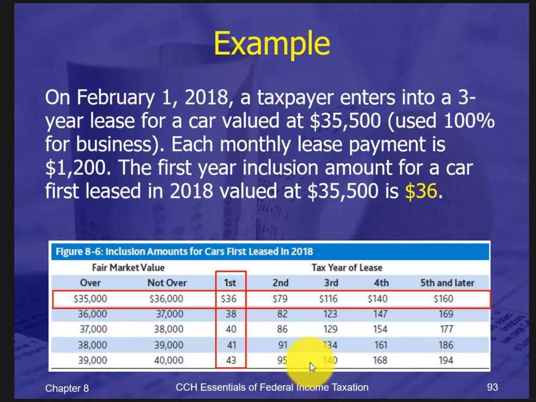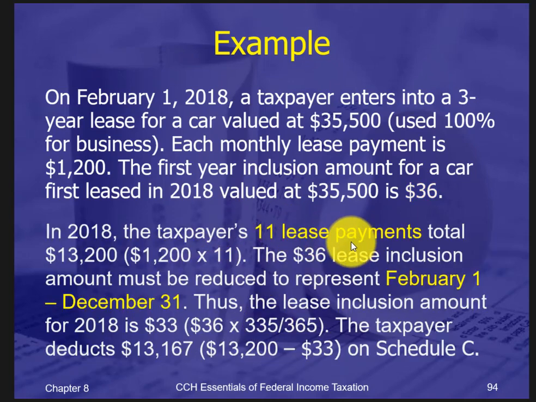So an example, February 1st, 2018, 35.5 is the value in between here, $1,200. The inclusion amount for the first year is $36 for the whole year. We didn't lease it for the whole year, so we're going to have to adjust that. 11 lease payments, $13,200.